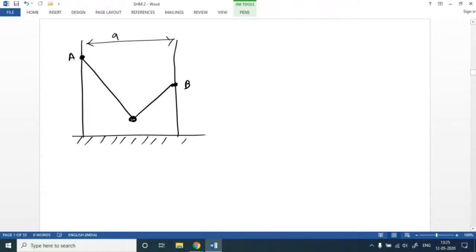This is the bob over here, of some mass m. The length of this string is L1, and the length of this string is L2.